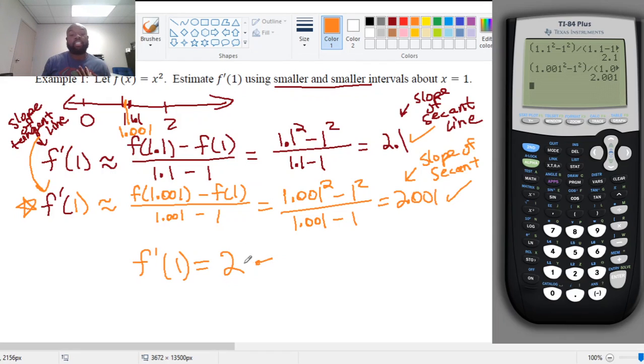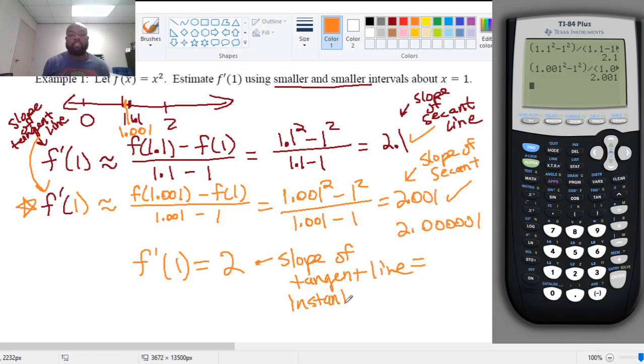And I use the equal sign here because my pattern, if I were to do another one, it would probably be 2.000001. I can keep going on and on, and so it's going to get closer and closer to 2. So this is actually the slope of our tangent line, which is the same thing as our instantaneous rate of change.